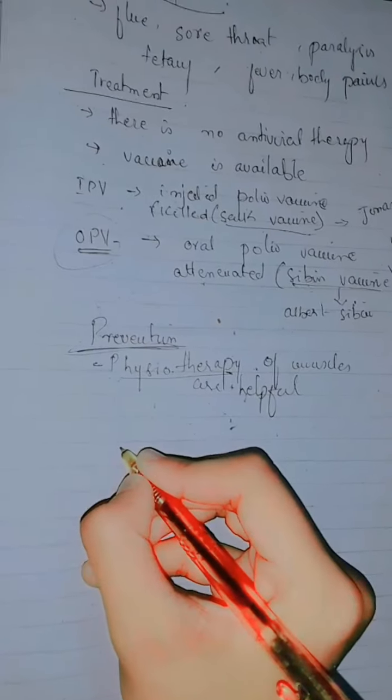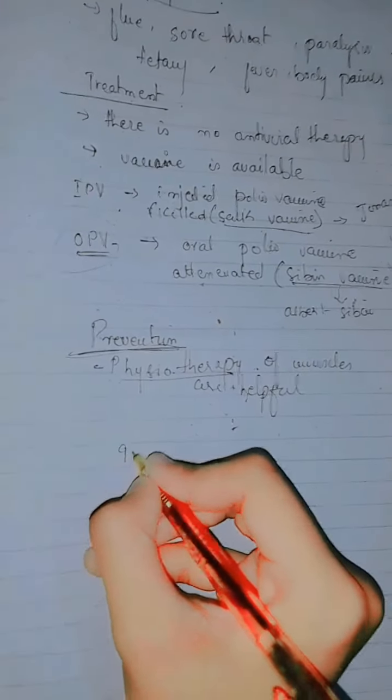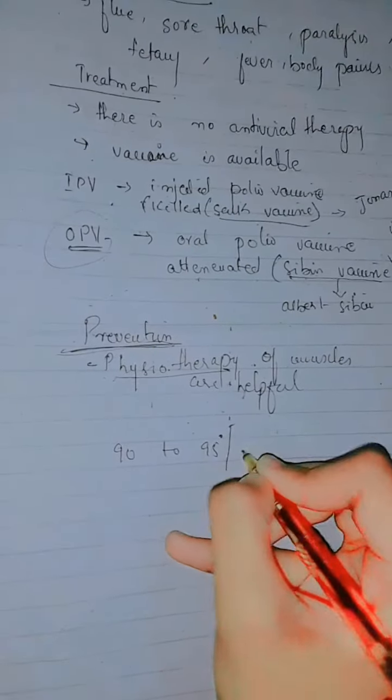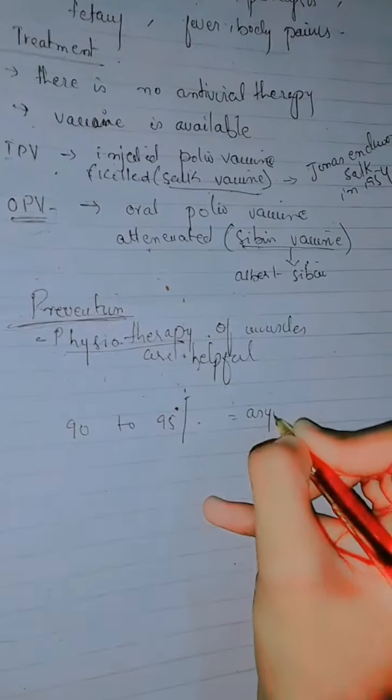Okay, if we talk about polio virus, 90 to 95% of polio virus infection is asymptomatic.